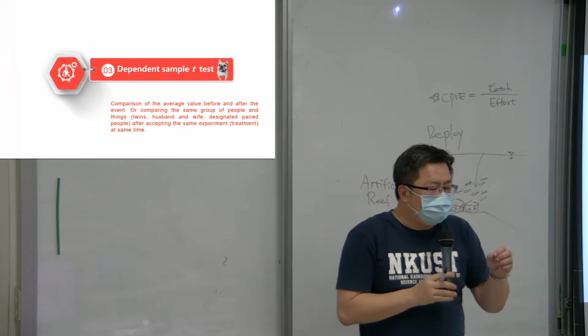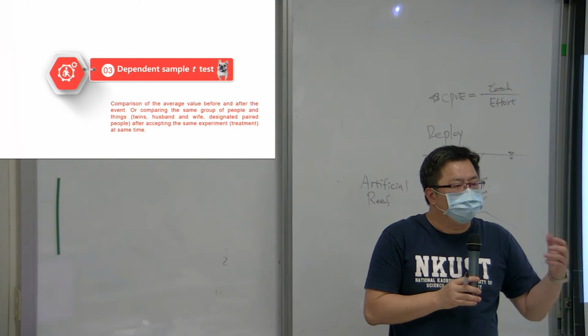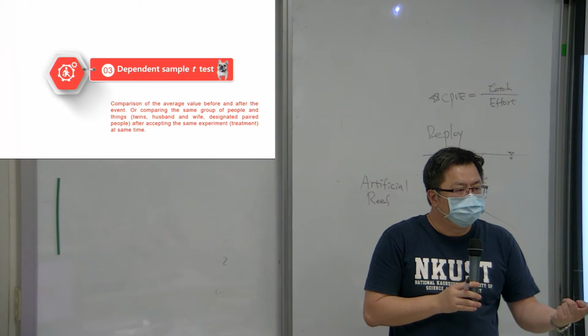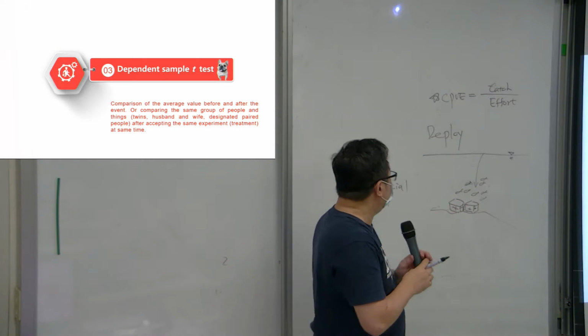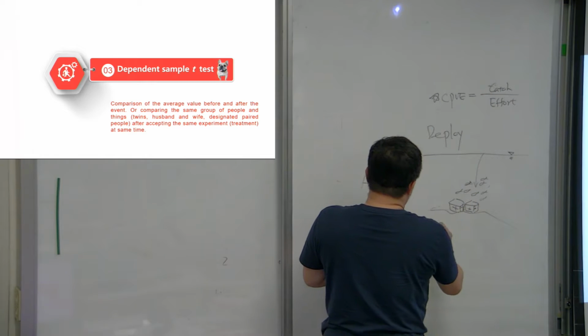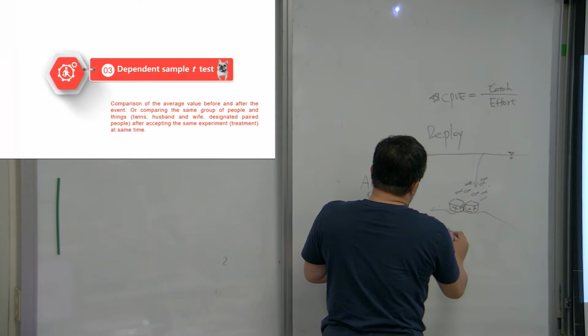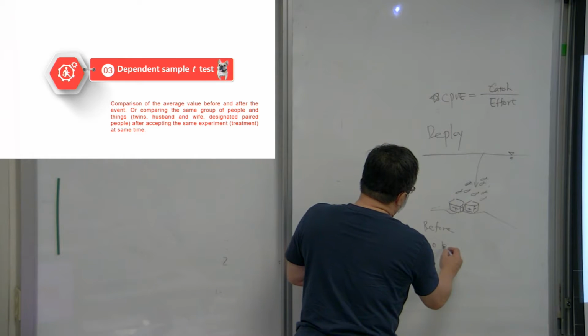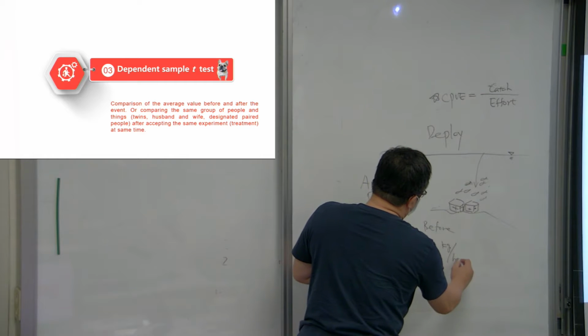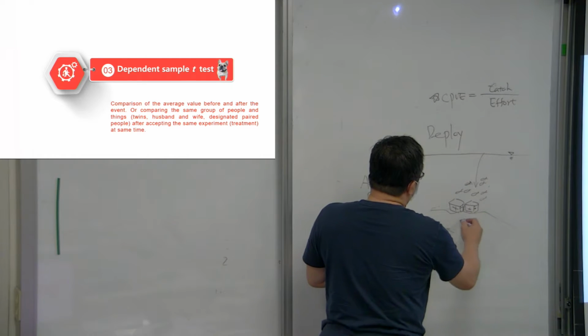You do the fishing operation for maybe 1 hour, and how much catch do you get? For example, before, your CPUE may be 10 kilograms per hour.